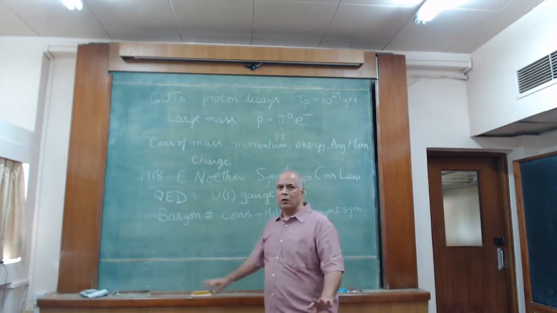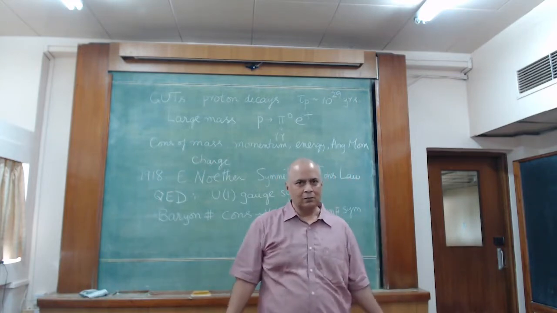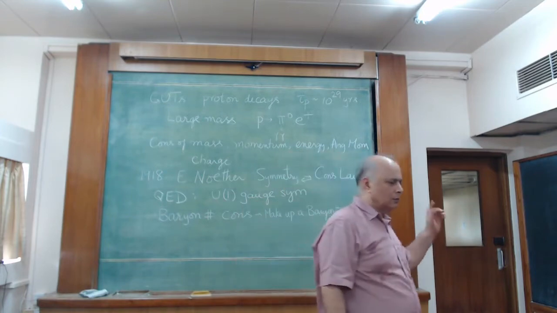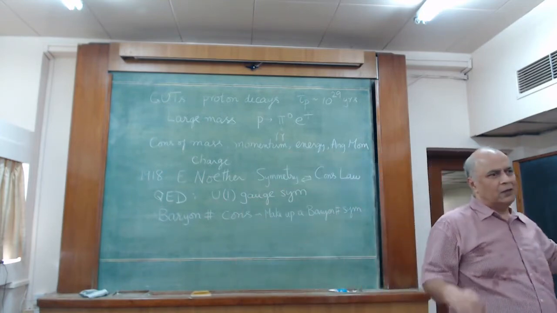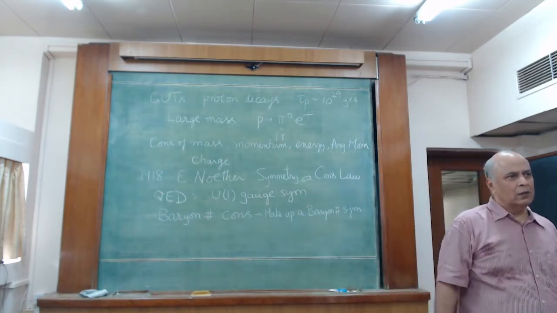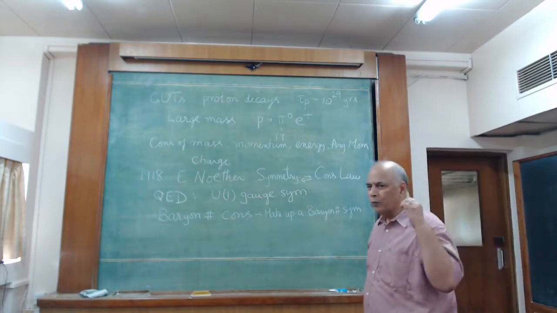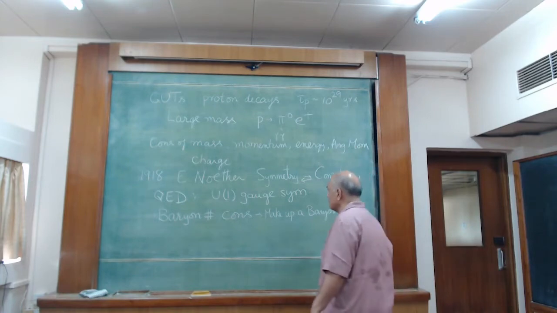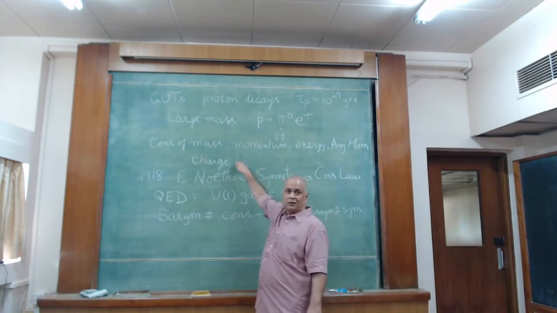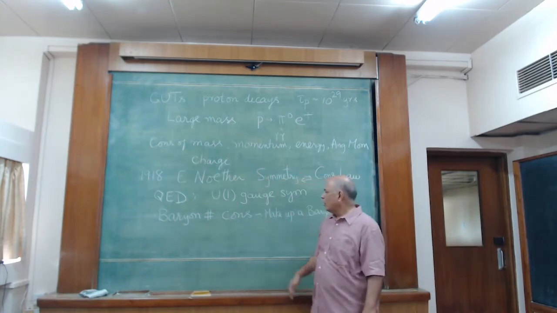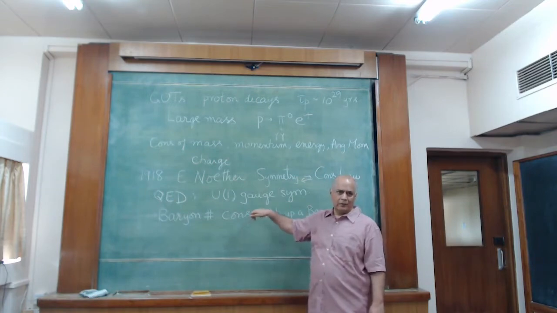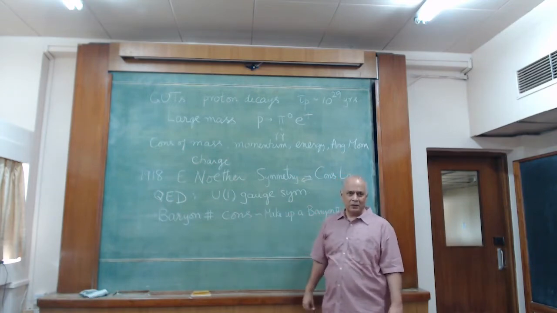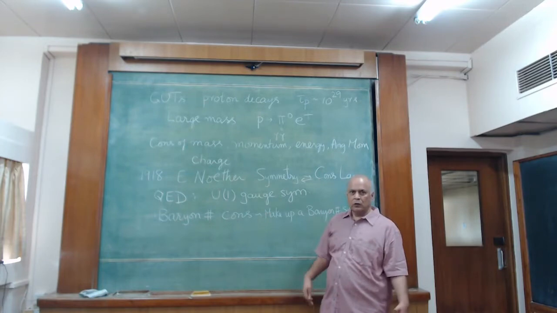But all this is theory, and in physics the ultimate arbiter is experiment. So what proof do we have that electric charge is conserved, and what proof do we have that baryon number is conserved?